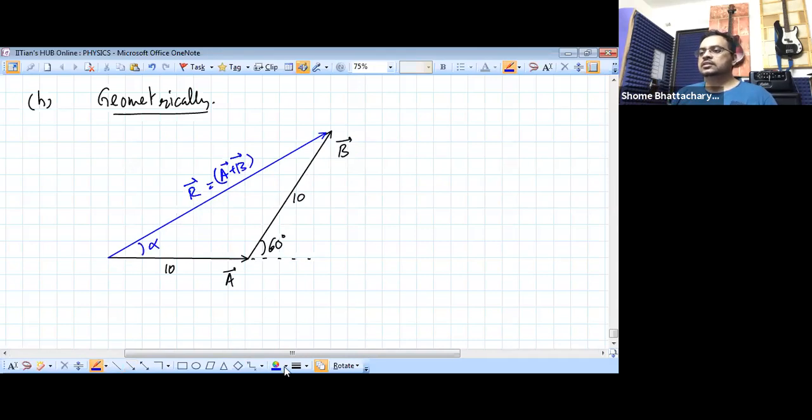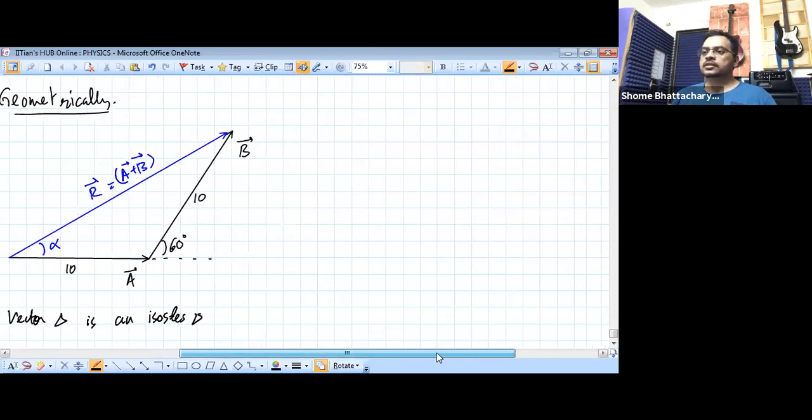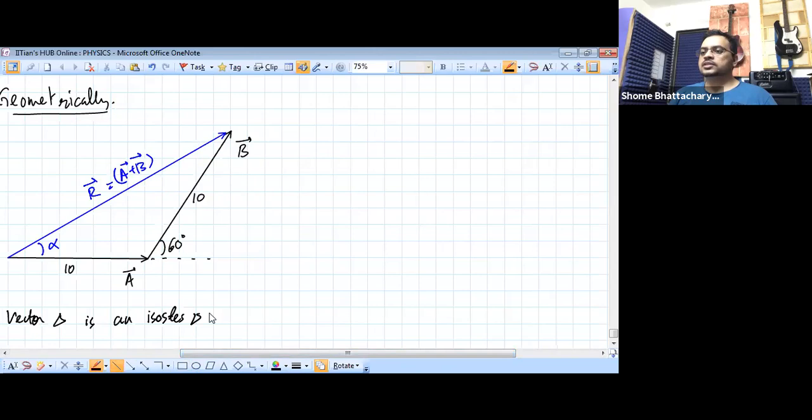Now notice something here, that the vector triangle is an isosceles triangle. Okay. So we can make use of the following properties of isosceles triangle, and those properties are the following.